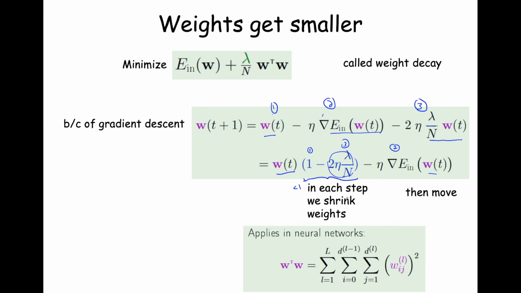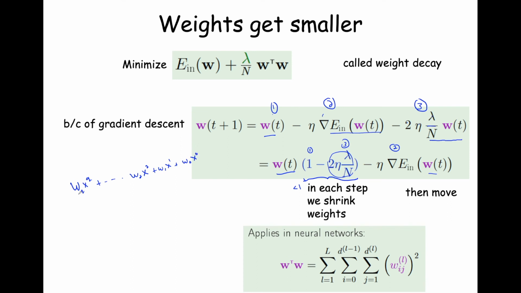Now, smaller weight corresponds to smoother solutions, because if you imagine, going back to the beginning, we had W_Q x to the Q power, up to, say, W_2 x to the second power, W_1 x to the 1 power, plus W_0 x to the 0 power.